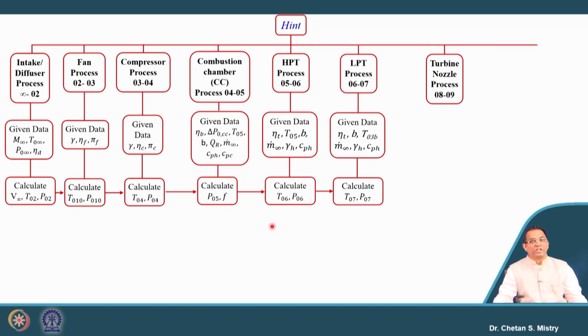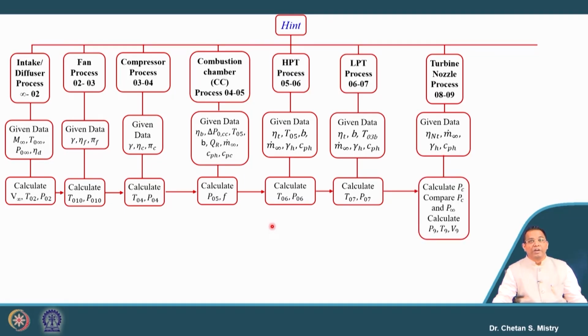We have our turbine nozzle. For this turbine nozzle, the efficiency is given. We will calculate the critical pressure ratio. That will give us the exit static pressure and exit static temperature, and we can calculate the exit velocity from the turbine nozzle.